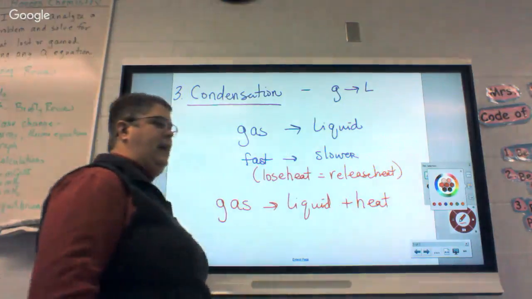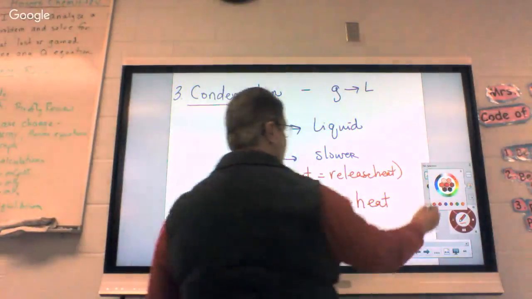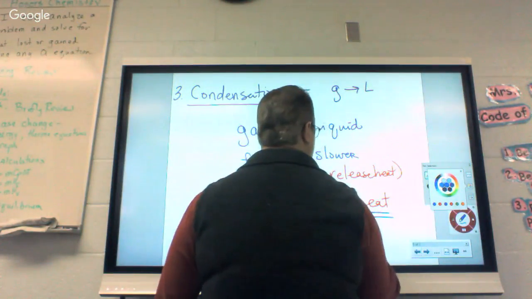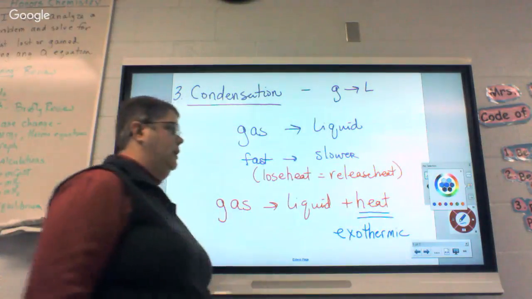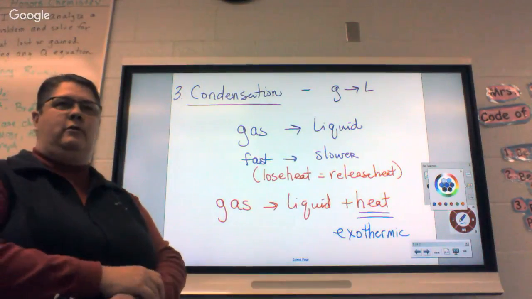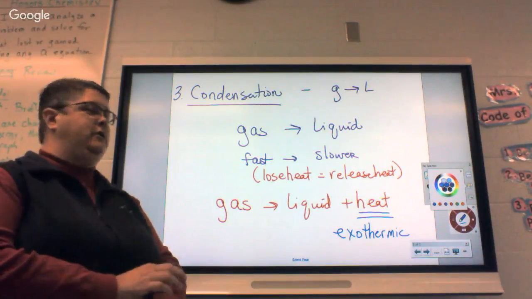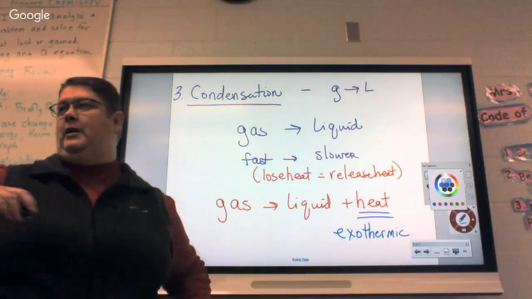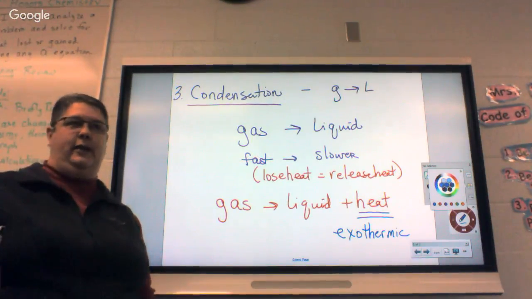So based on where the heat is, that's what kind of reaction? Exothermic. It tells us it's exothermic. Anytime you release heat, it's exothermic. The heat is on the right, or the product side, so it's exothermic. When you gain, it's endo. If you write it on the reactant side, it's endo.